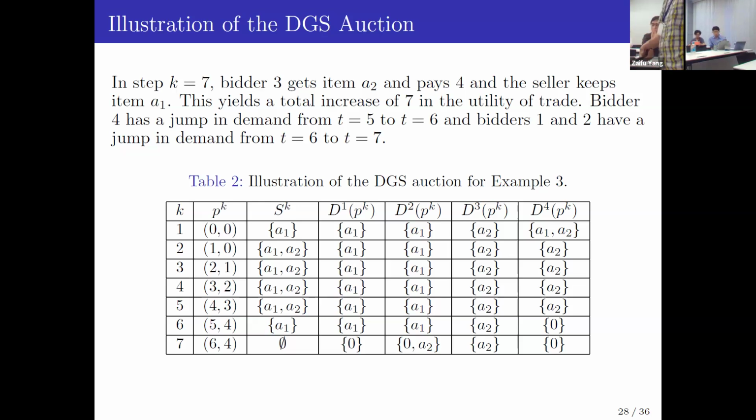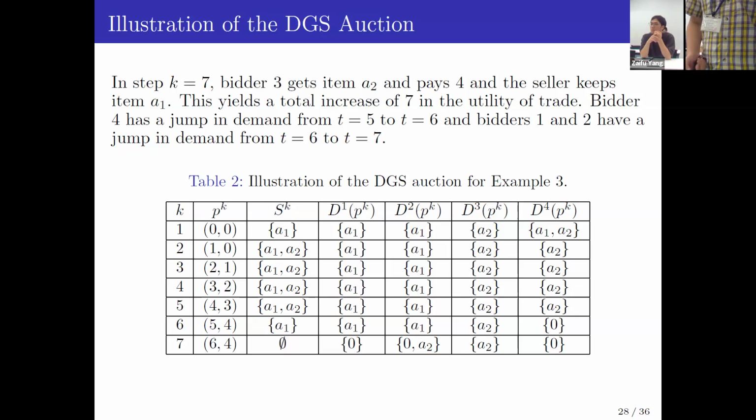And in this case, the total increase of utility from the trade is just 7, namely you assign item 2 to bidder 3, then item 1 will be kept by the seller, and the total utility of the trade is 7.